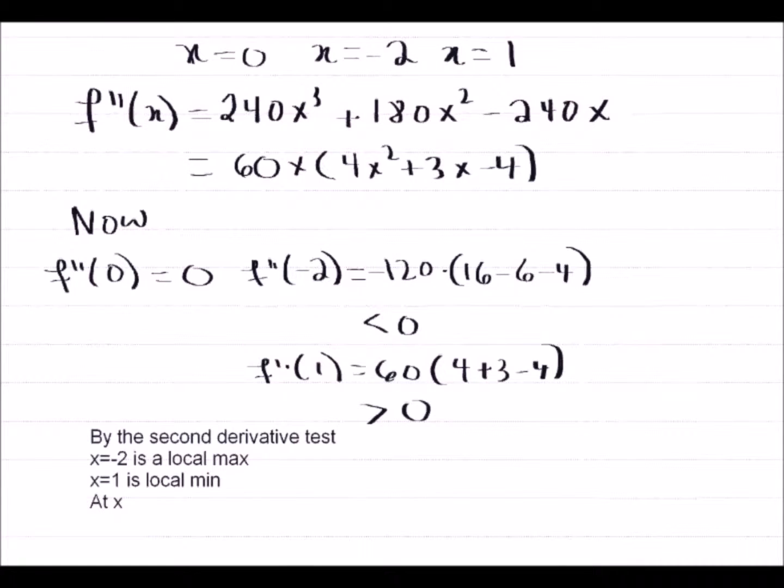And at x equals 0, the second derivative is 0, and the test is inconclusive in that case. We cannot conclude. It could be an inflection point, it could be a local max, a local min. We can't tell. So at x equals 0, the test is inconclusive.